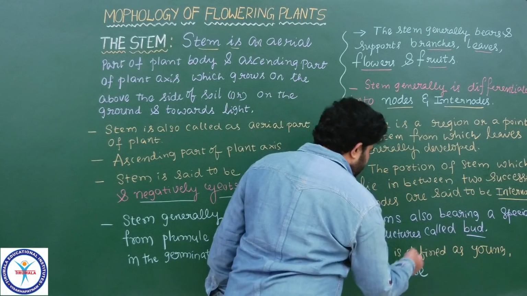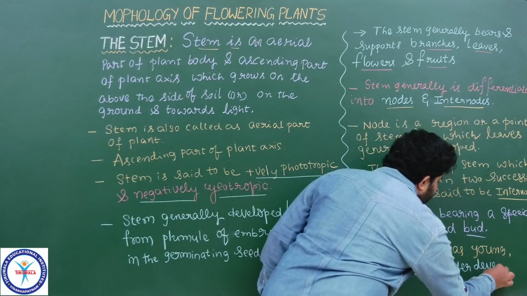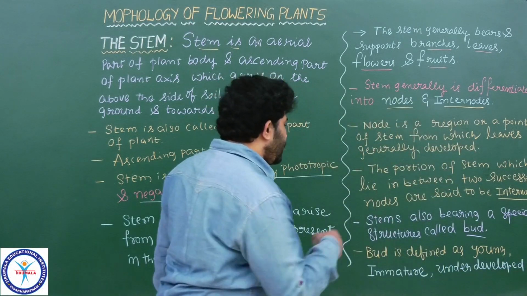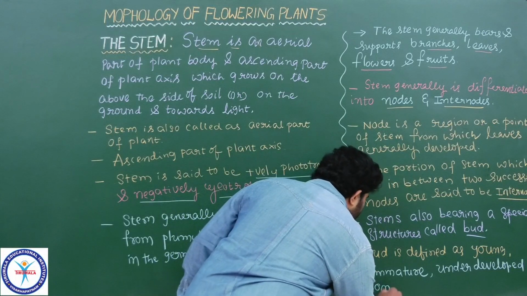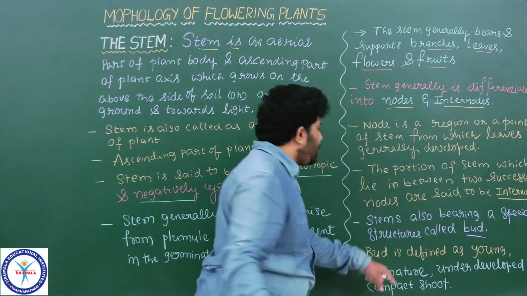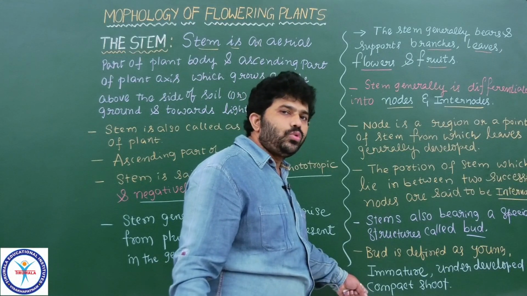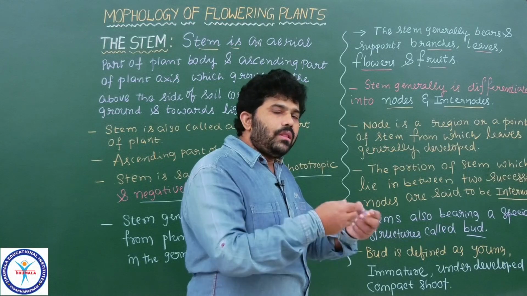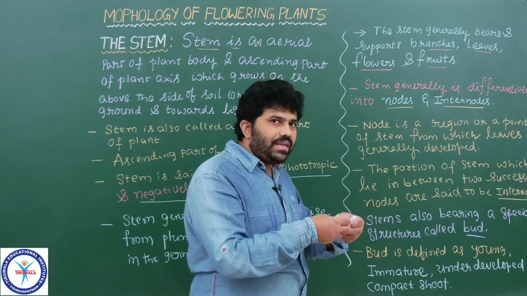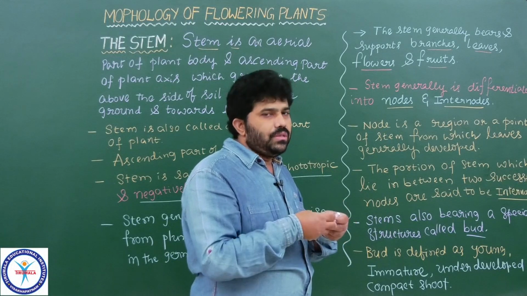A bud is defined as a young, immature, underdeveloped, compact shoot. When they develop fully, this immature tissue turns into mature tissue. It is a shoot because it is part of the stem, the bud is formed on the stem only. That is why all the immature, young tissue is compact in a particular area of the stem.